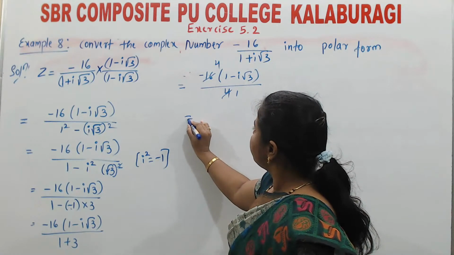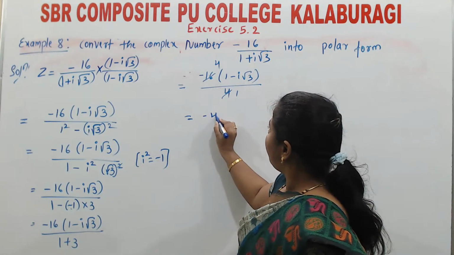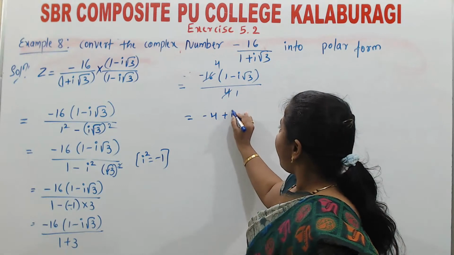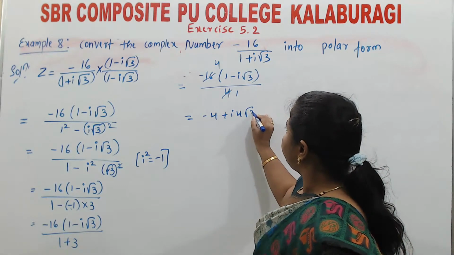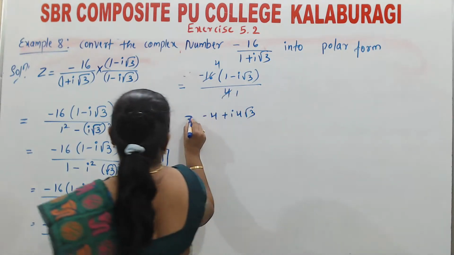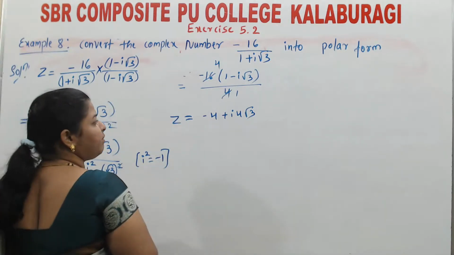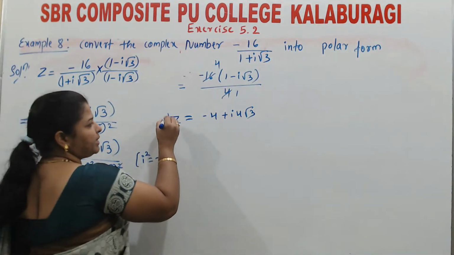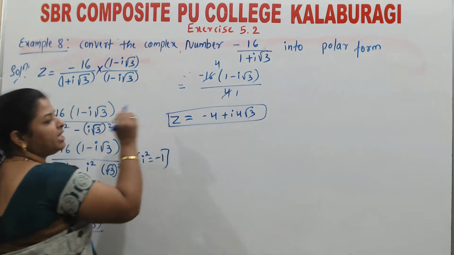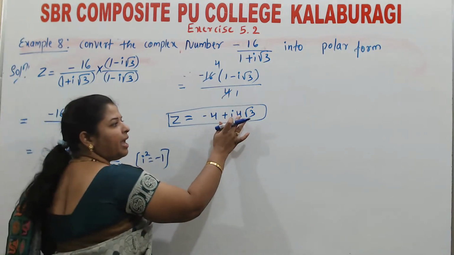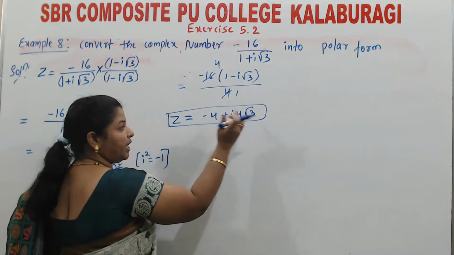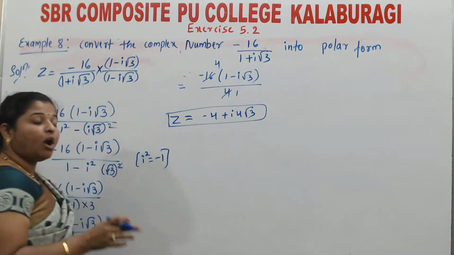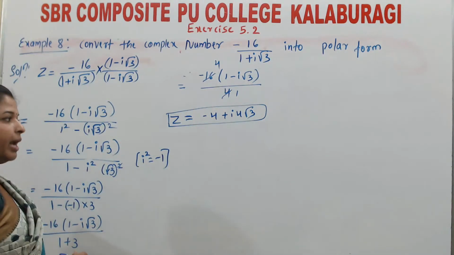Then it becomes minus 4 plus i 4 root 3. This is our given complex number, minus 4 plus i 4 root 3, for which we have to write the polar form.